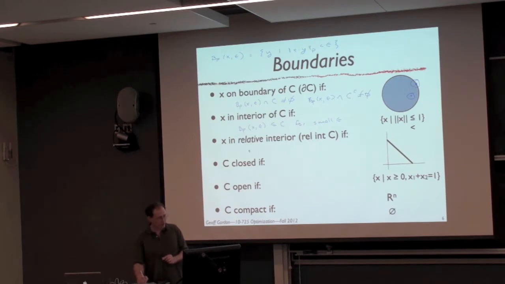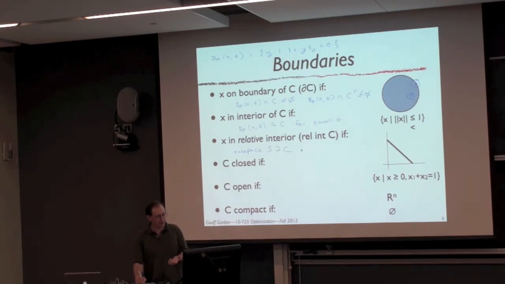The relative interior means that we take the smallest subspace, we'll call it S, which contains C, right?